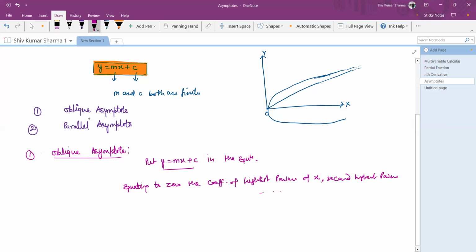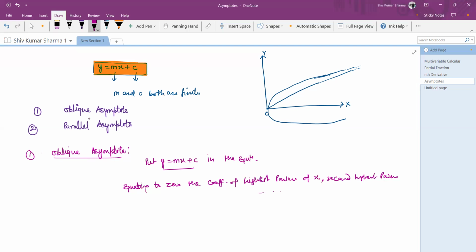This basically depends upon the degree, or the power, of the particular equation.